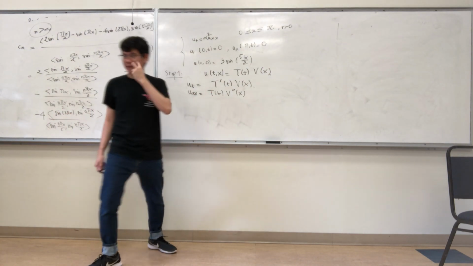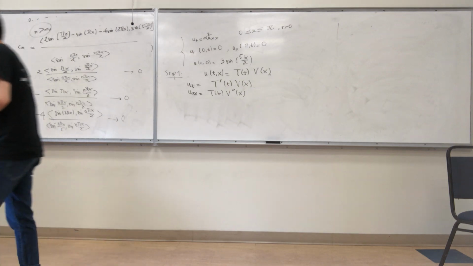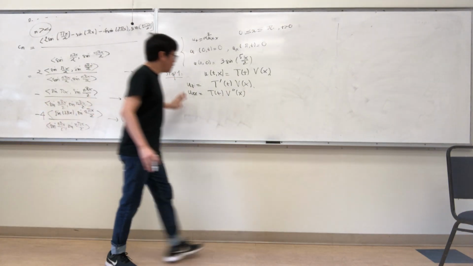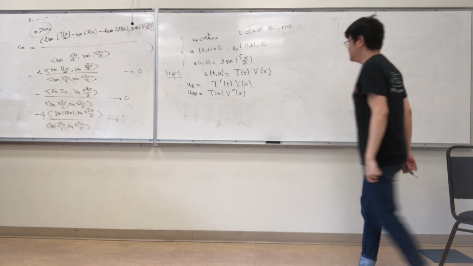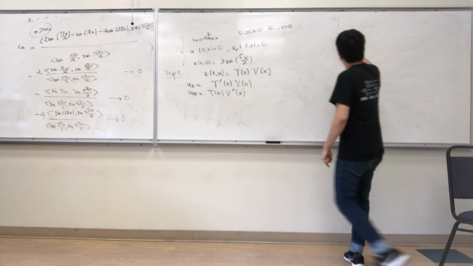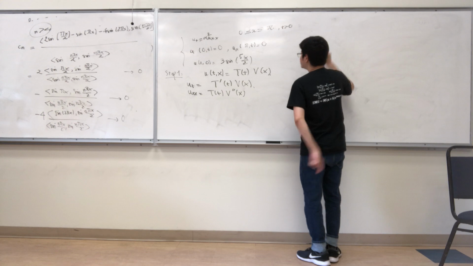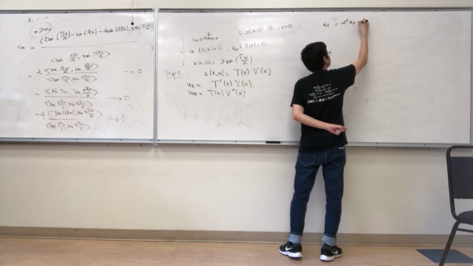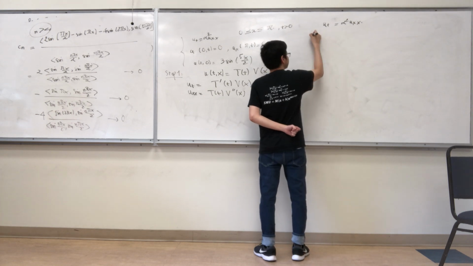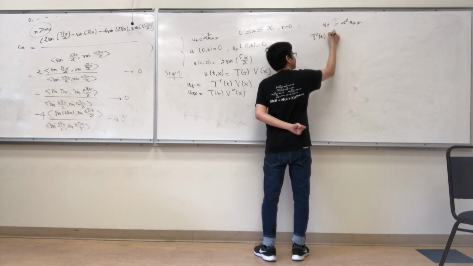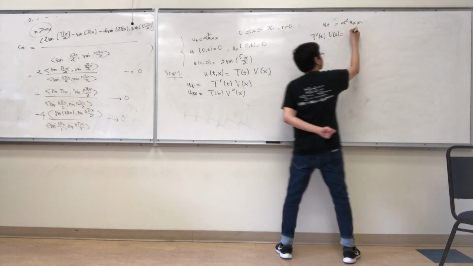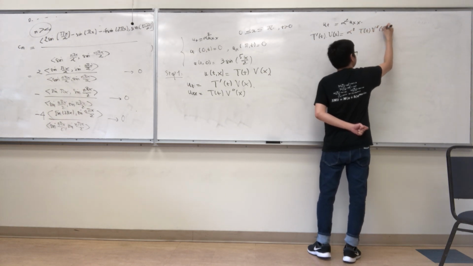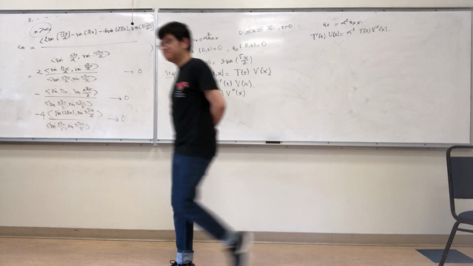This is the kind of problem you're going to have to do in the final. When you do this separable idea, you plug everything back into the equation. So ut is alpha squared of uxx, which means that T prime of t times V(x) is alpha squared T(t) times V second of x, all right?